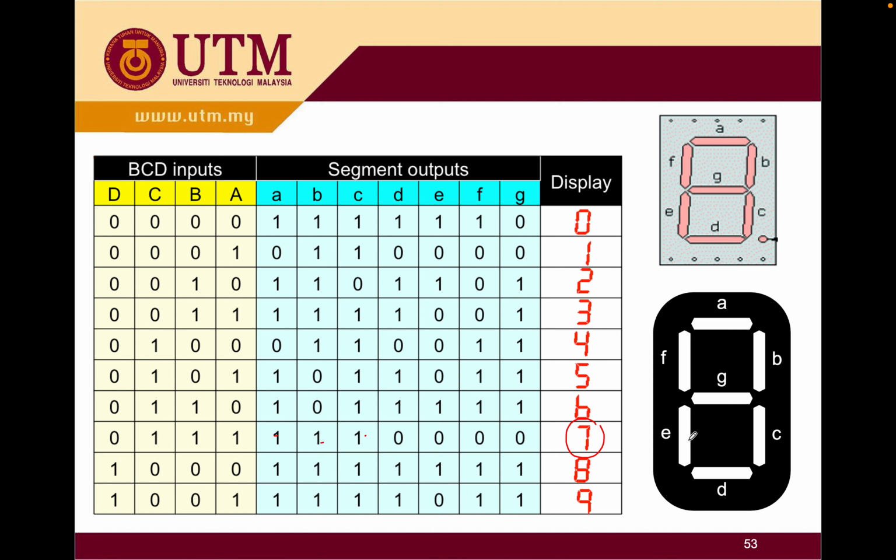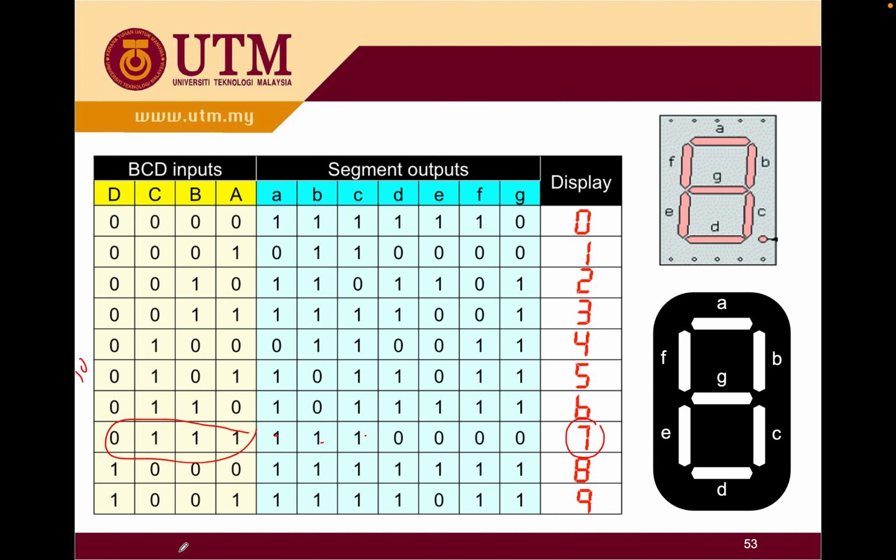So you will have the value of 0 1 1 1 for your BCD. Why? Because it is 0 1 2 3 4 5 6 7, 8 9. All together will be 10.